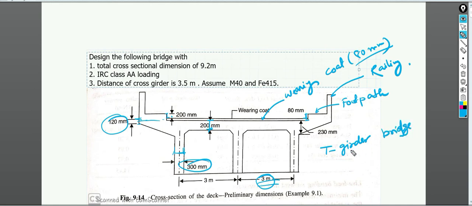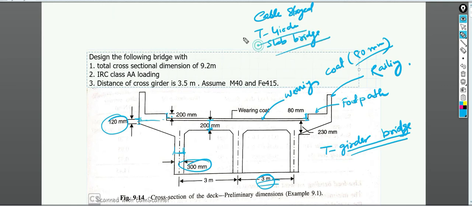So probably you have seen different kinds of bridges. We have cable stayed bridge, then we have T girder or RCC bridge, then we have slab bridge. Like this we have different kinds of bridges.